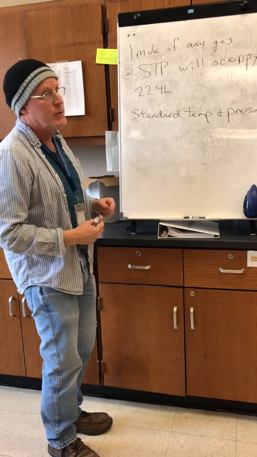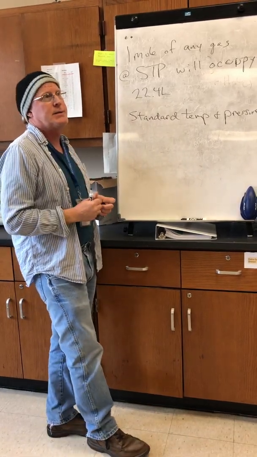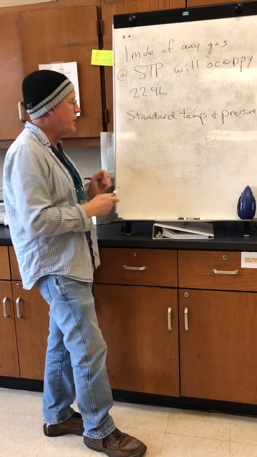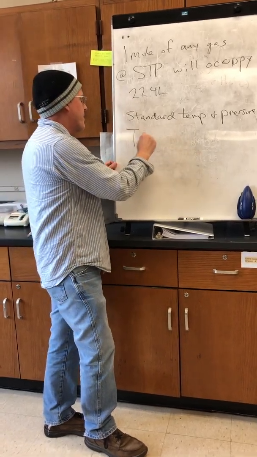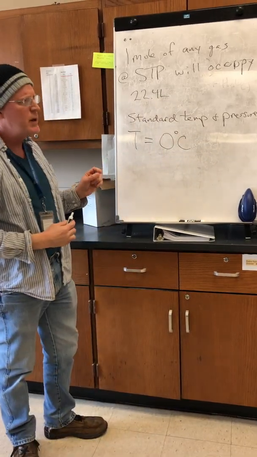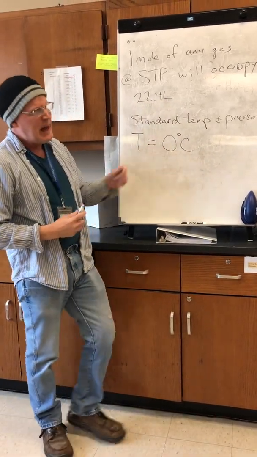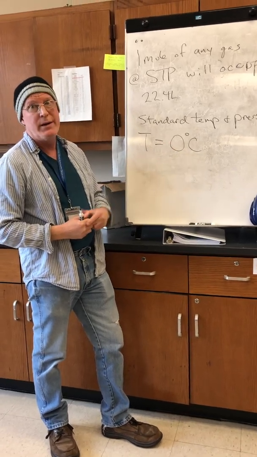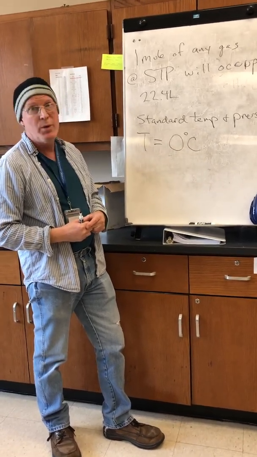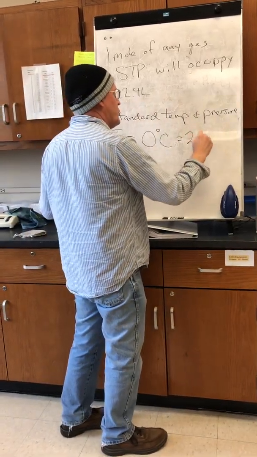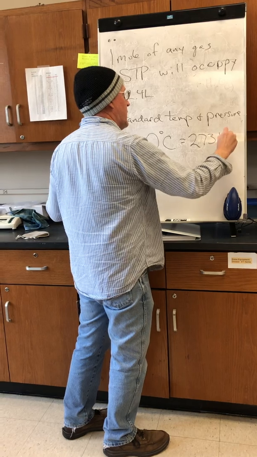Standard temperature for a gas, which you probably talked about in your lecture a little bit, is equal to 0 degrees Celsius. But in the gas law stuff, you really shouldn't be working in the Celsius scale. You really need to be using the Kelvin temperature scale, and that's going to be 273 Kelvin.